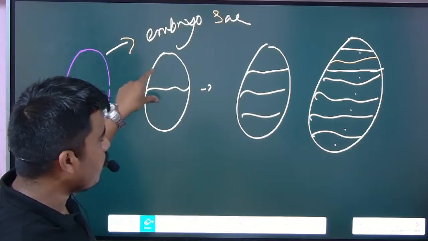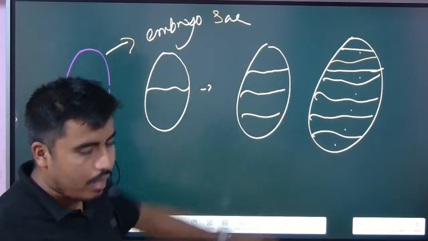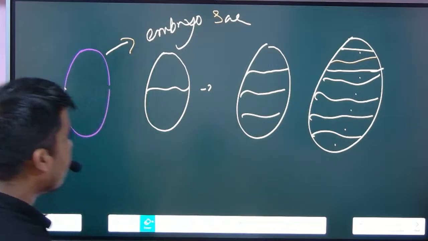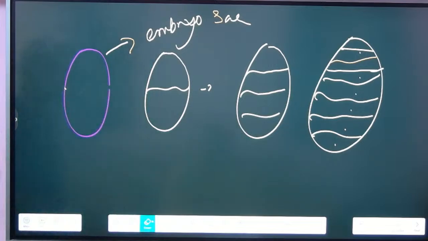So it will get 2 cells, 4 cells and 8 cells, and it is obviously done by meiosis. And during meiosis, the number of chromosomes is halved. As it is megasporogenesis, obviously it will be done by the meiosis process.